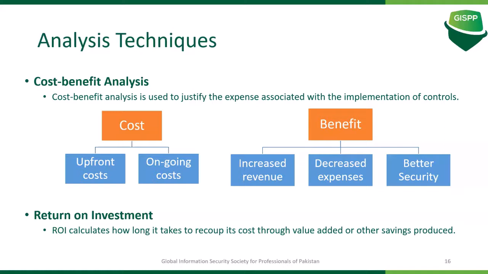Then we can do ROI: I'm investing this much money, so to sell this software, how much time will it take me to recover all the money back, break even, and then when will I start getting more benefit out of the software. It will be easier because these are tangible. When we talk about ROI on security, it will be very difficult.